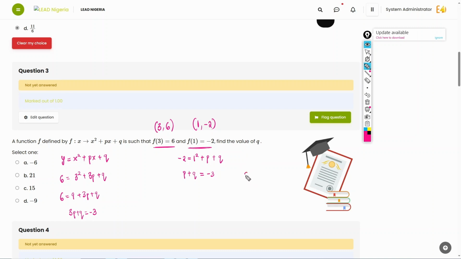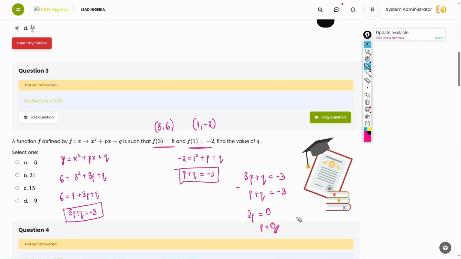Okay, so I have 3p plus q is equal to minus 3. This is from the first equation here. And I have p plus q is equal to minus 3. So if I can eliminate, I can subtract both of them, right? I'll basically end up with 2p is equal to 0, and so that means p is 0, right?